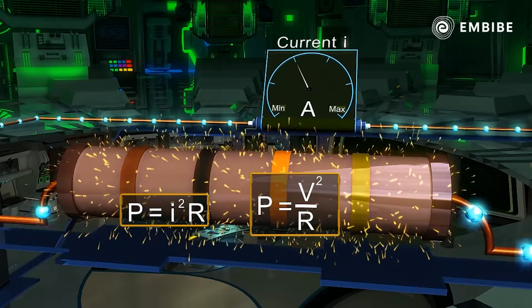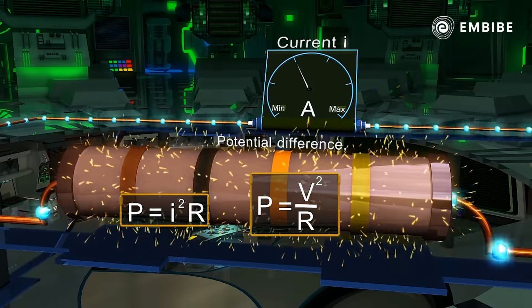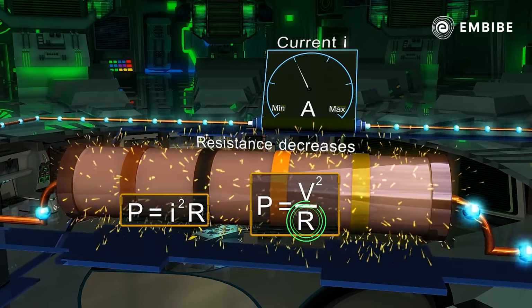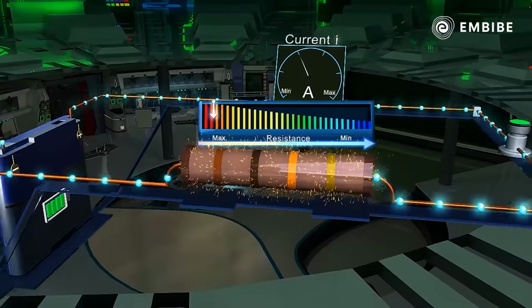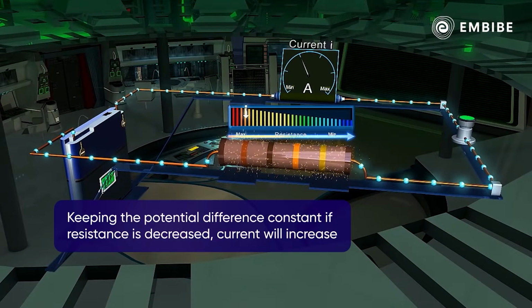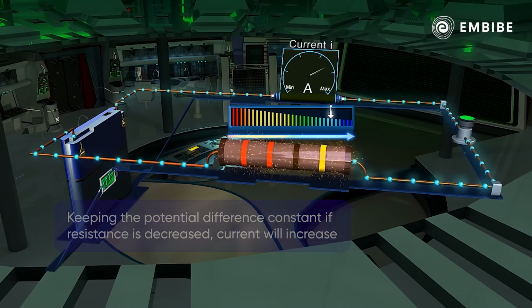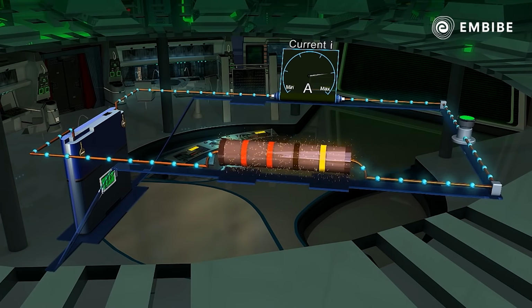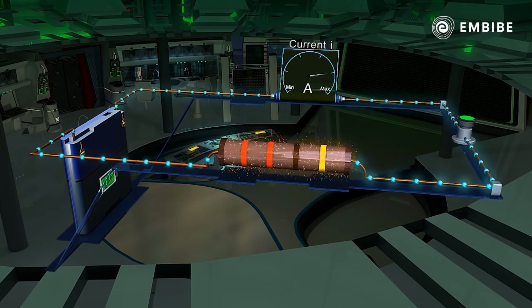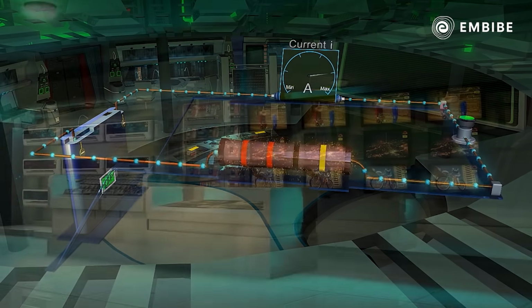From these equations, we can infer that for a fixed potential difference V, when resistance decreases, power dissipation increases. This also holds true because as resistance decreases, more current flows through the circuit. Thus, we conclude from P is equal to IV that for a fixed potential difference, loss of power is directly proportional to current.